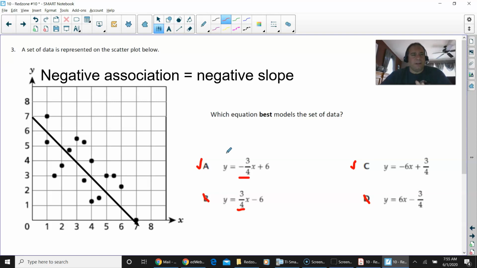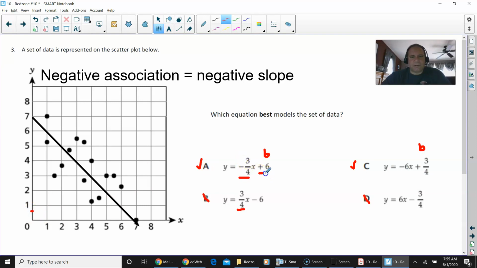That starting point. Where does my trend line start? It starts at around 7, right? This one right here, this is your y-intercept, and this is your y-intercept. How can I have a y-intercept of 3/4? That's down here.